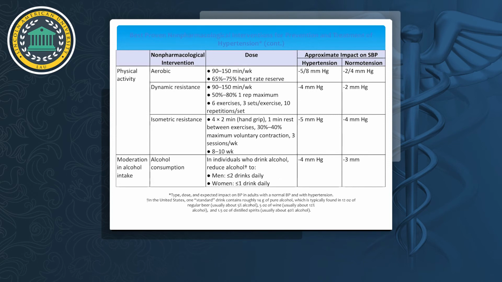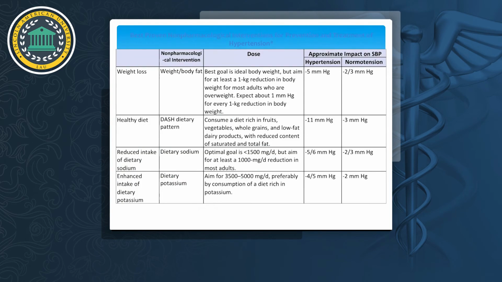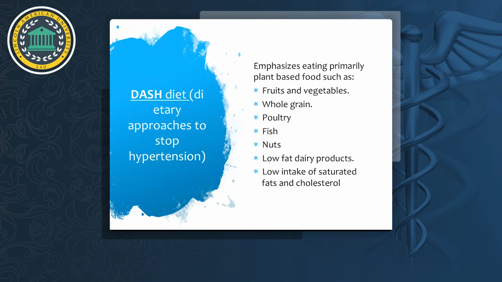If a person has a blood pressure of more than 150 and follows all these lifestyle changes, his blood pressure will normalize. The DASH diet I was talking about has a 20% reduction of mortality. You should emphasize this diet for all patients who have hypertension.